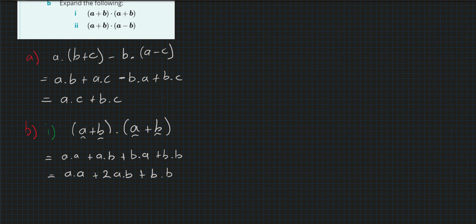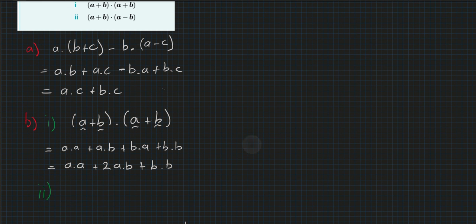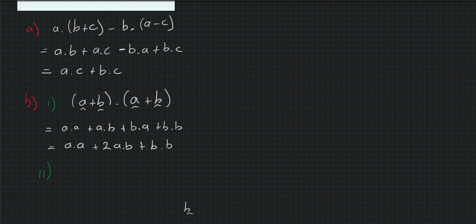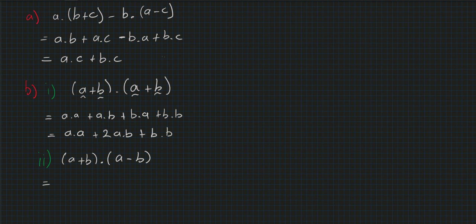Anyhow, let's move on to the next one and see what happens here. So we've got (A plus B) dot (A minus B). Once again, we could expand in one extra step, but let's just use this property.